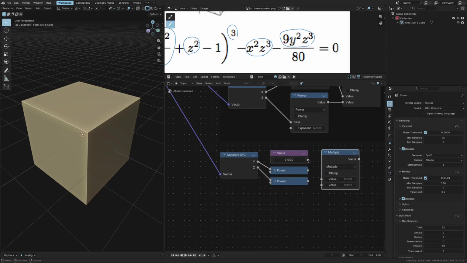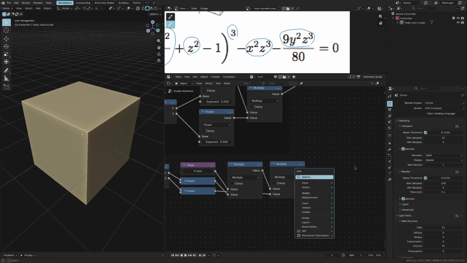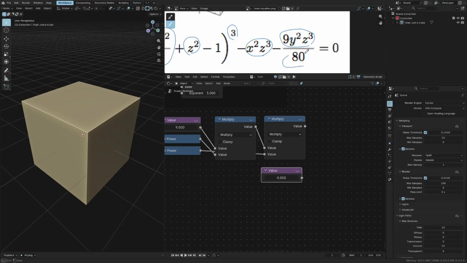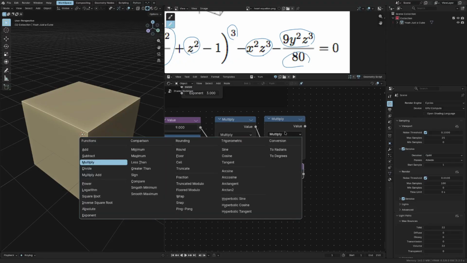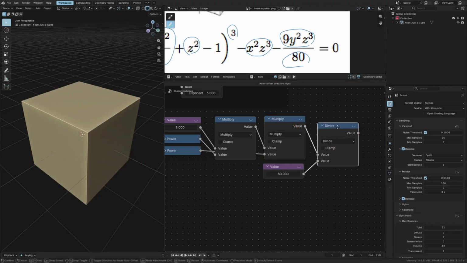Math Multiply here, and with value 80 to make them into a fraction, Math Divide.